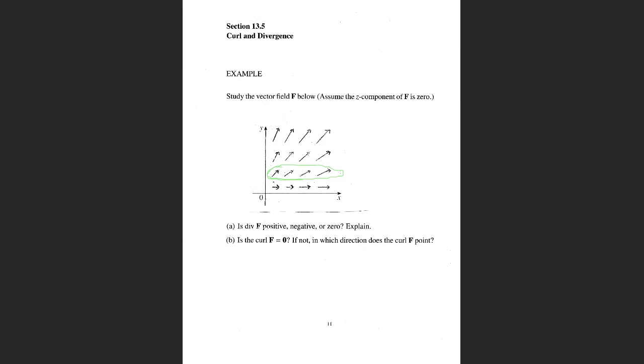The up and down portion of the vector, the vertical component, does that change? No. Does the vertical component of the vectors change on the top level of vectors as x increases? No. That's right, Ian, that's right, Malik.